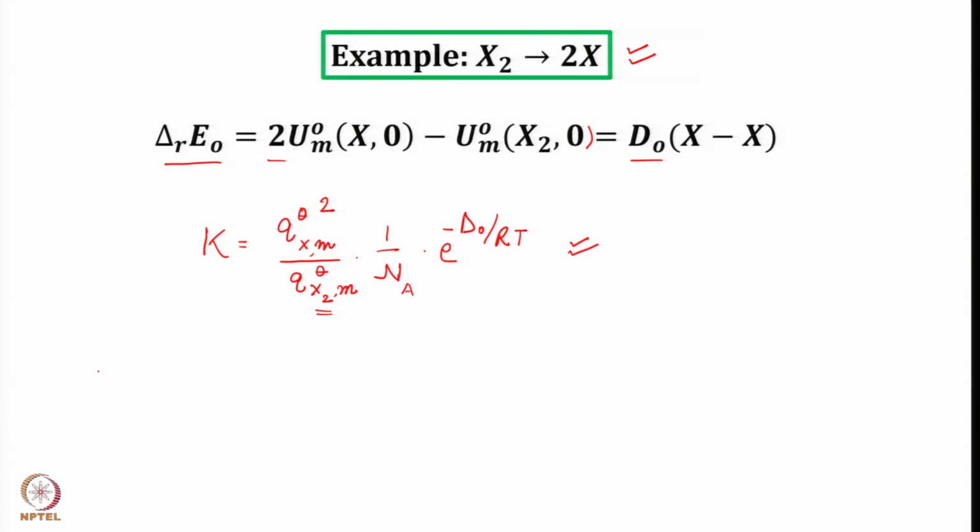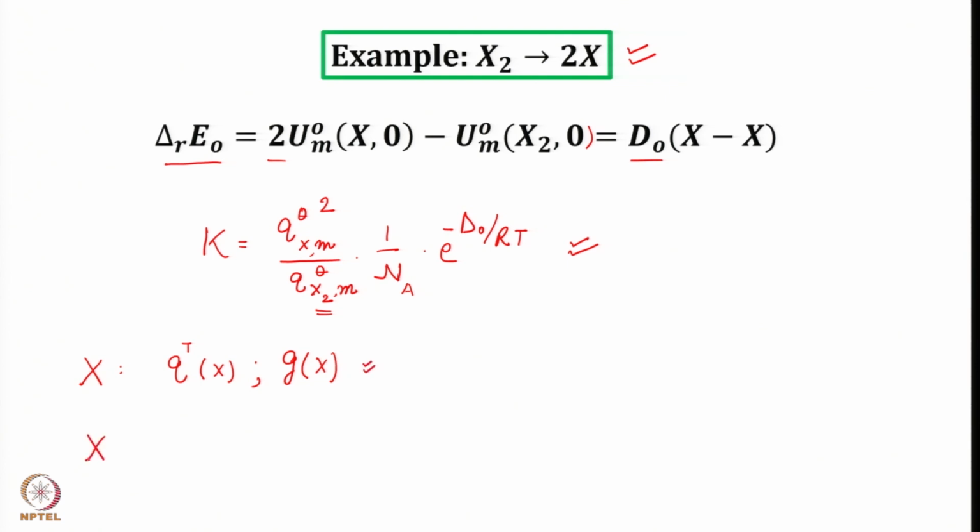That means for X, I will have Q translational of X and I will have Gx, which is the degeneracy of the ground state, electronic states. I require this information.